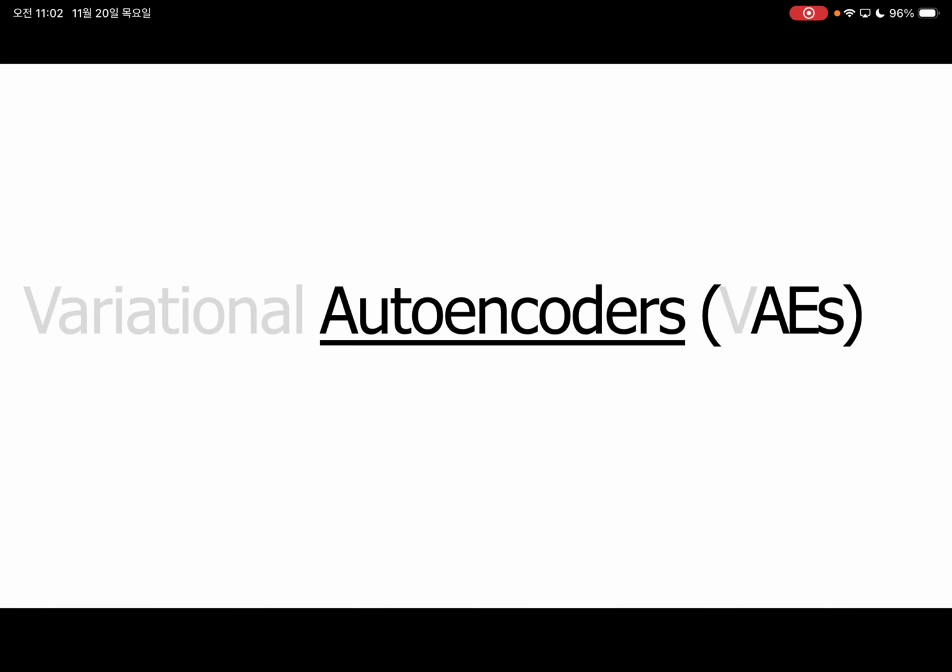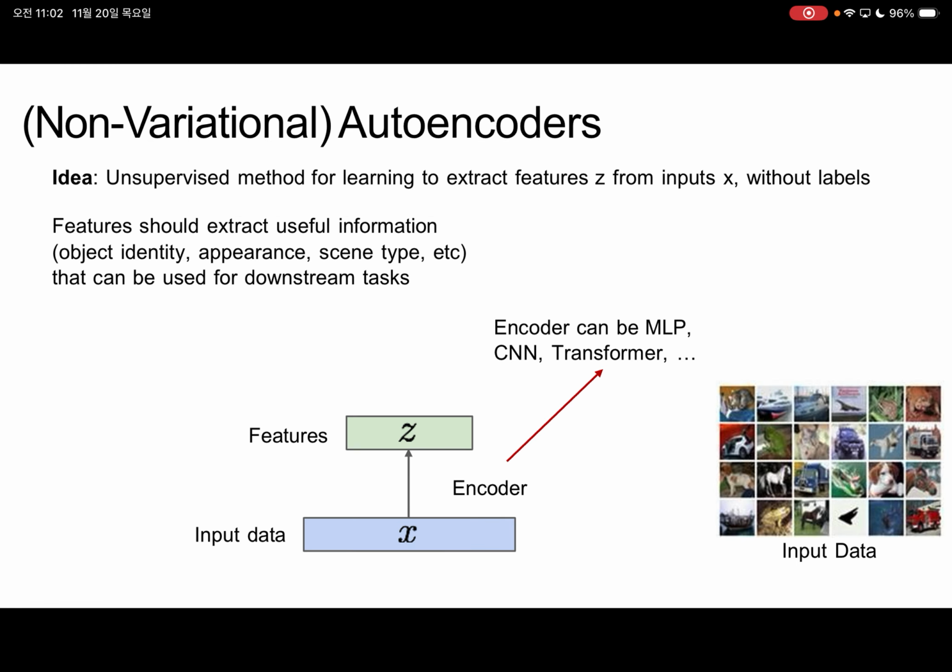And before going to the variational autoencoder, let's go to the autoencoder first. So this is just the non-variational version, the plain autoencoder. The idea is an unsupervised method for learning to extract feature Z from input X without labels. The feature should extract useful information, such as object identity, appearance, scene type, that can be used for downstream tasks.